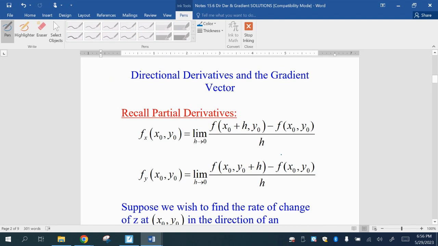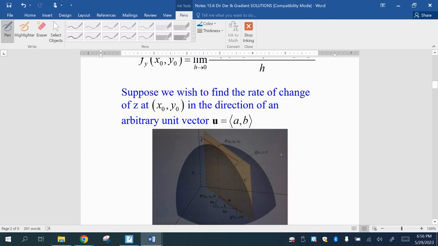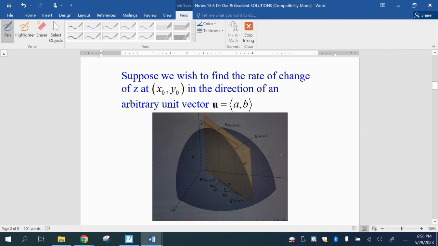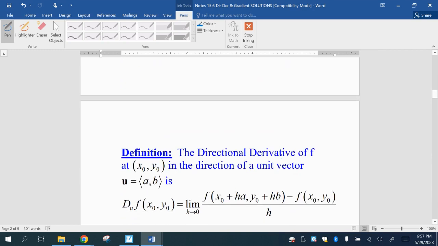Because these are quicker notes, we won't look at the formal definition of the derivative using the limit. We're just going to go through the quicker definition. We want to find the rate of change, or the derivative, of our function in the direction of an arbitrary unit vector, and not necessarily just with respect to the x-axis or the y-axis.